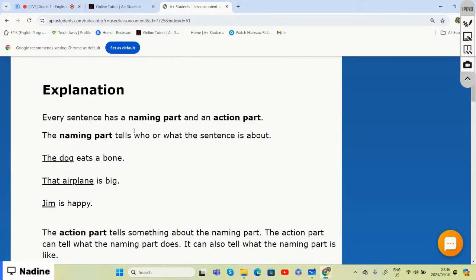And then we have an action part within a sentence. The action part tells us something about the naming part, something about the person, the animal, or the thing that we are making mention of.